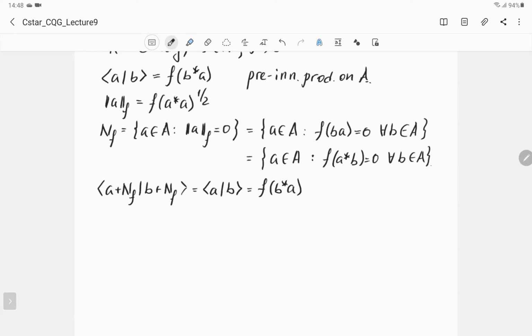So this is well defined, and this is an inner product on the quotient of A modulo N_f. So the quotient becomes an inner product space, and we denote this space by H_f^0.